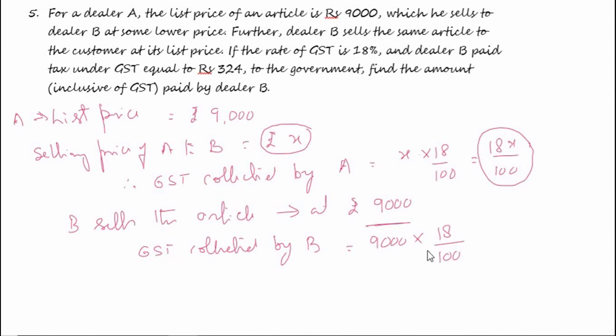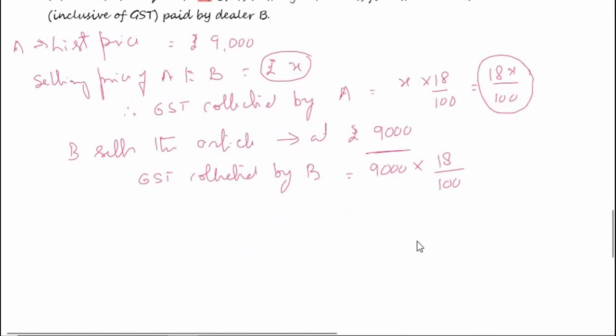So now the GST paid by B to the government is 324. So GST paid is equal to 324.